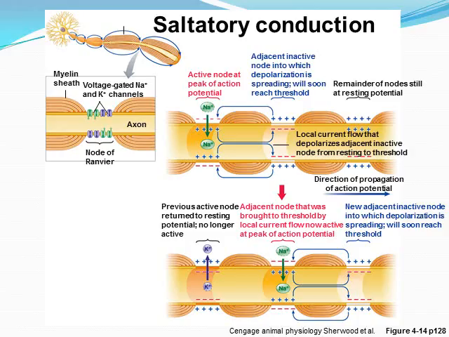We refer to this movement of the action potential down the axon when we're looking at myelin as saltatory conduction. This diagram from, again, the Animal Phys textbook, I like it a lot because it shows the channels concentrated in the nodes. And I love diagrams. They always help me.